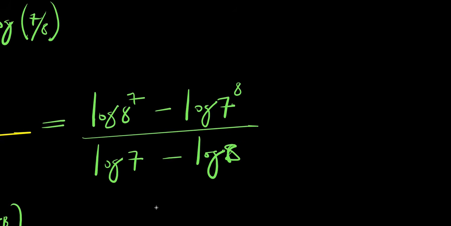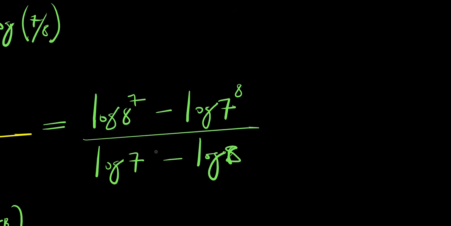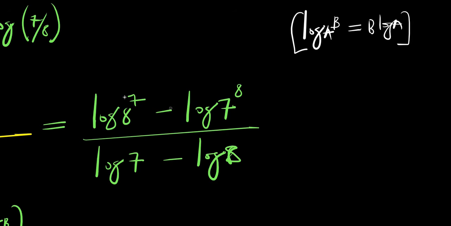So the next step will be to consider this same identity: log a power b equals b times log a. So the 7 comes behind this, and the 8 comes behind this.